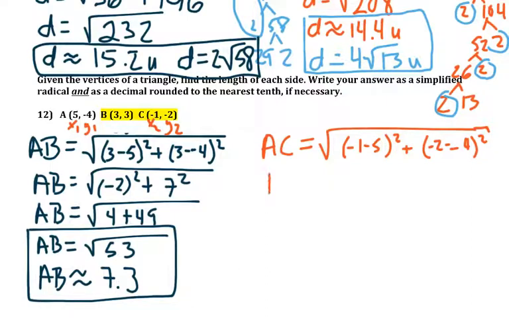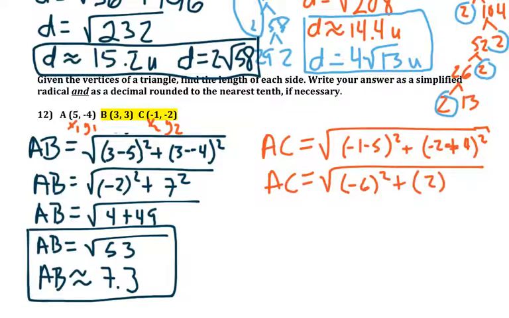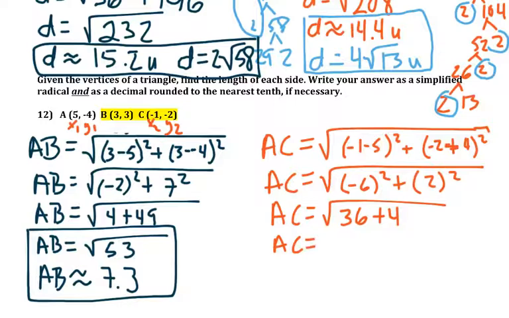So simplifying, AC is equal to the square root. In our parentheses we get negative 6 squared plus negative 2 minus negative 4 is like negative 2 plus 4, so 2 squared. So AC is the square root of 36 plus 4, or AC is equal to the square root of 40.